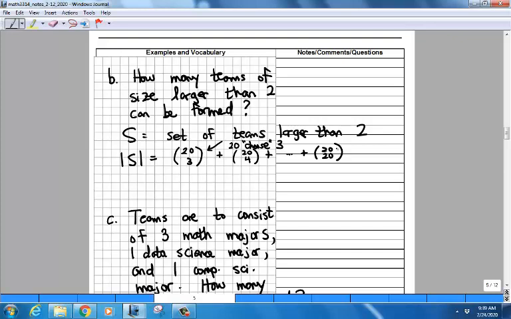What's another way here? Do the complement. So what's S bar then? In words, how would we describe the complement? The set of teams with 2 or less, or less than 3. Say less than 3.